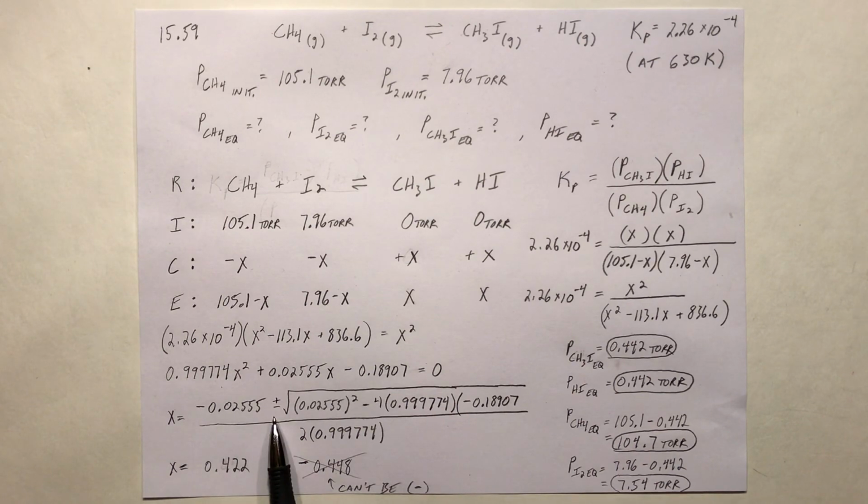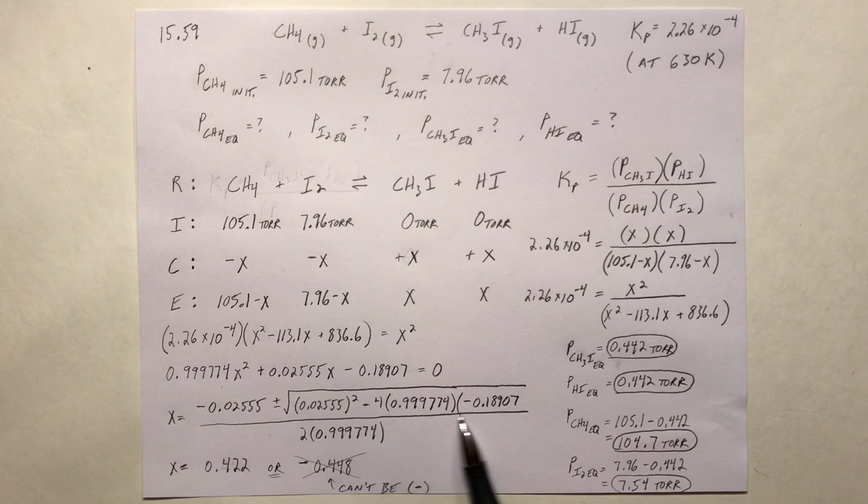Negative b plus or minus the square root of b squared minus 4ac, divided by 2a, where this is a, this is b, and this is c. So a negative of that number plus or minus this number squared minus 4 times that number, that's a, multiplied by this number, that's c.